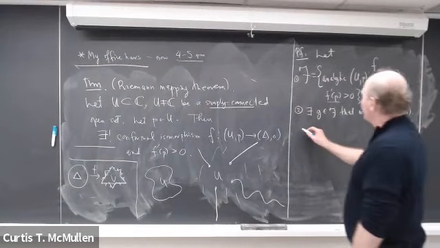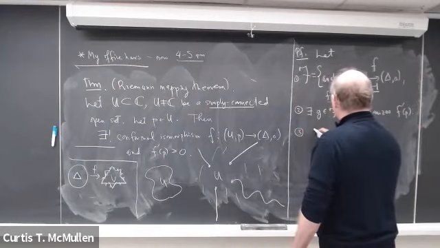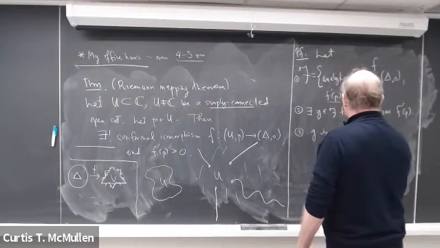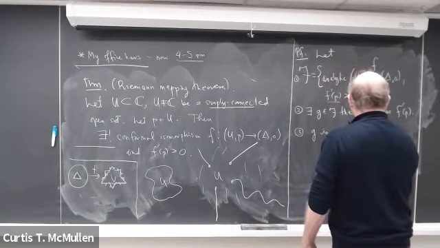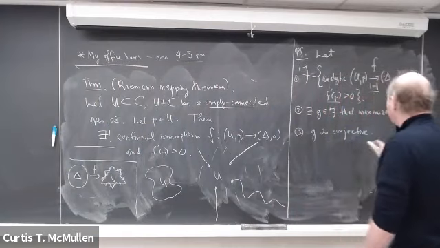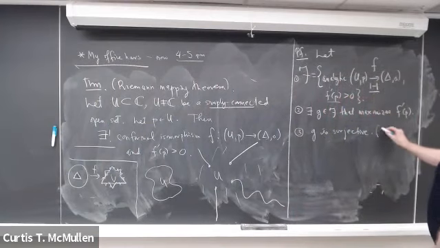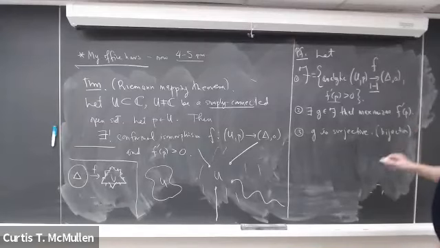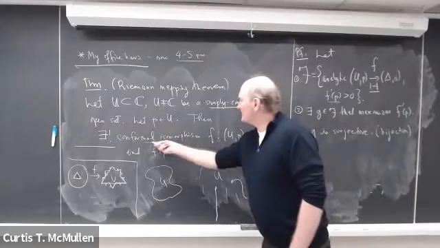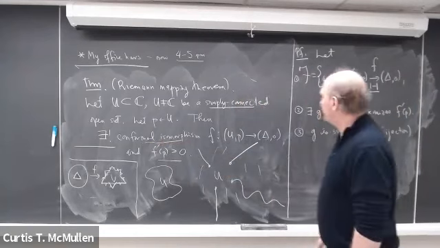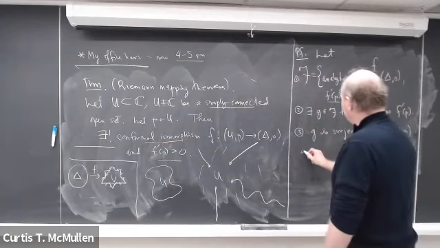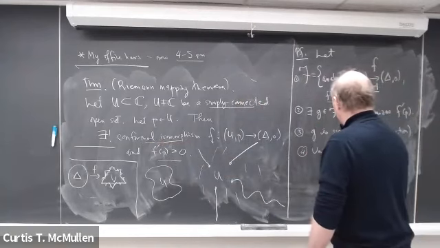And then the third step in the argument is to show that G is surjective. And then that'll imply that it's a bijection because it was injective by assumption. So it is a conformal isomorphism. It does have a positive derivative. And then just the icing on the cake is to show that it's unique.